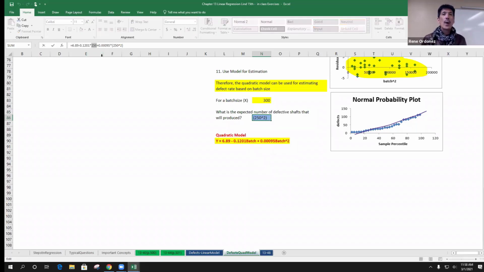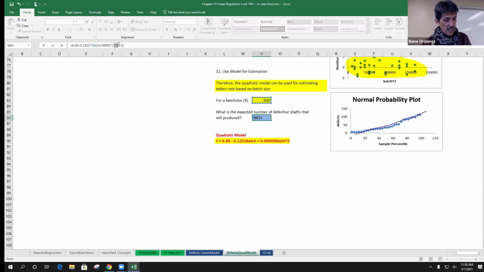Now, a better way of making cell N86 compute automatically when the value in N83 changes is that instead of typing in the constants there, let's just replace that with the cell location of the value of X. Same thing here.